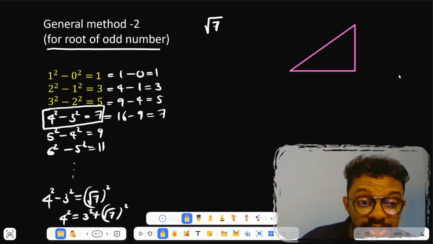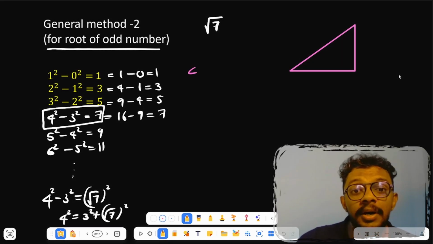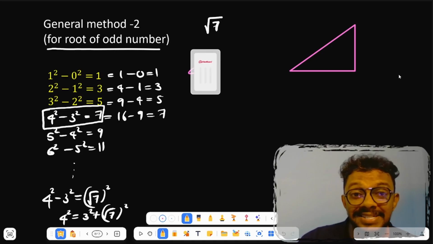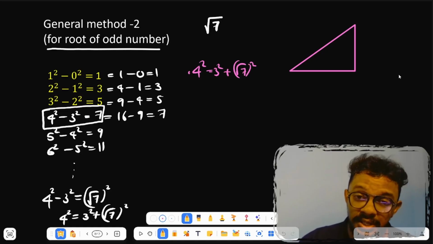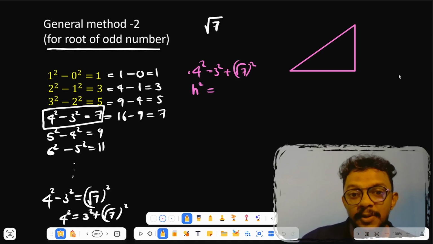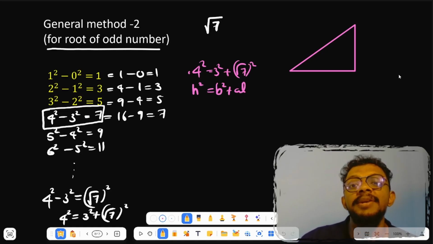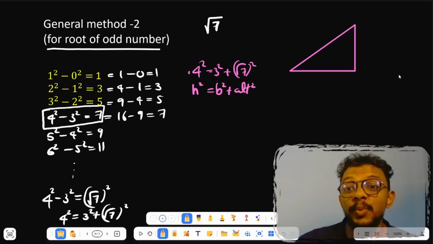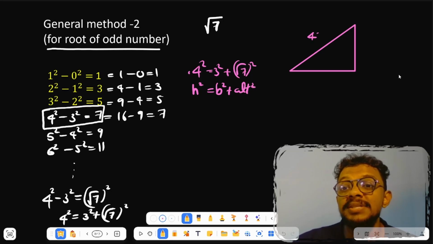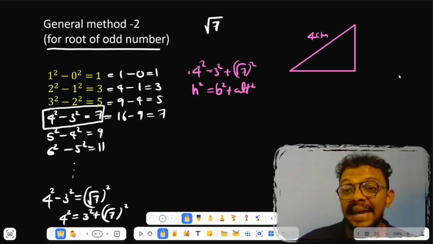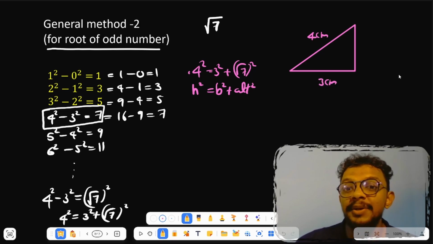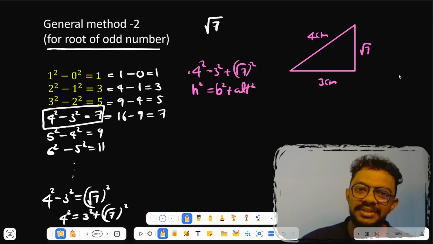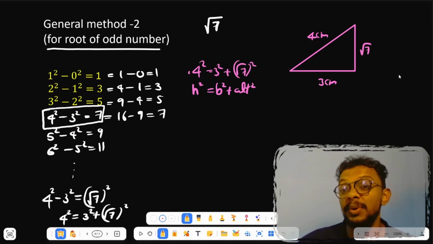What I'm trying to say is, look, 4 square is equal to 3 square plus root 7 square. And what is Pythagoras theorem? Hypotenuse square is equal to base square plus altitude square. So when I'm taking hypotenuse as 4 centimeter, base as 3 centimeter, automatically the altitude will be root 7 centimeter.